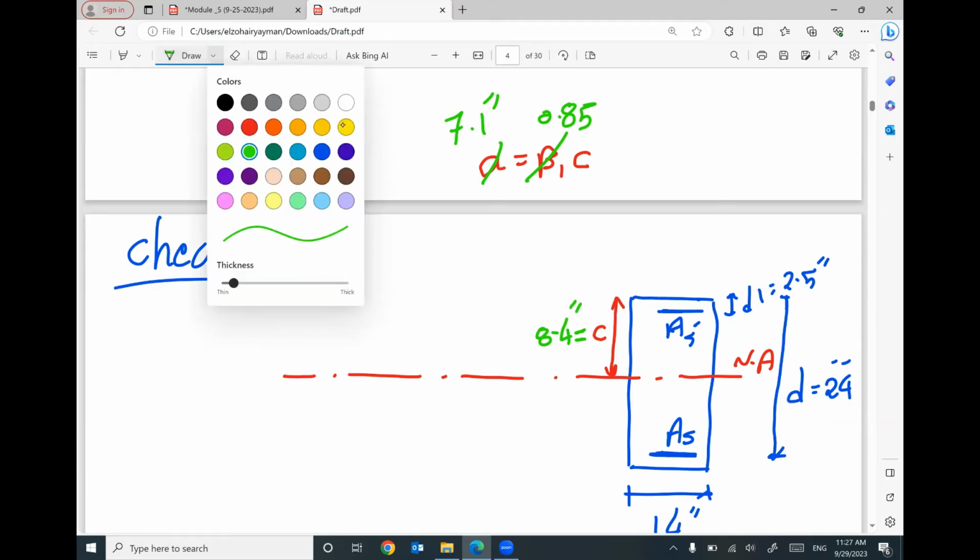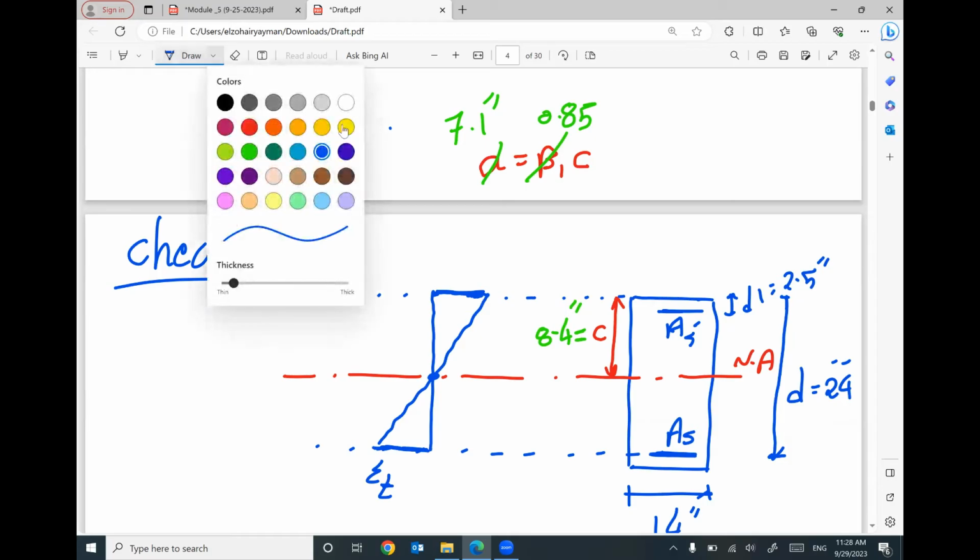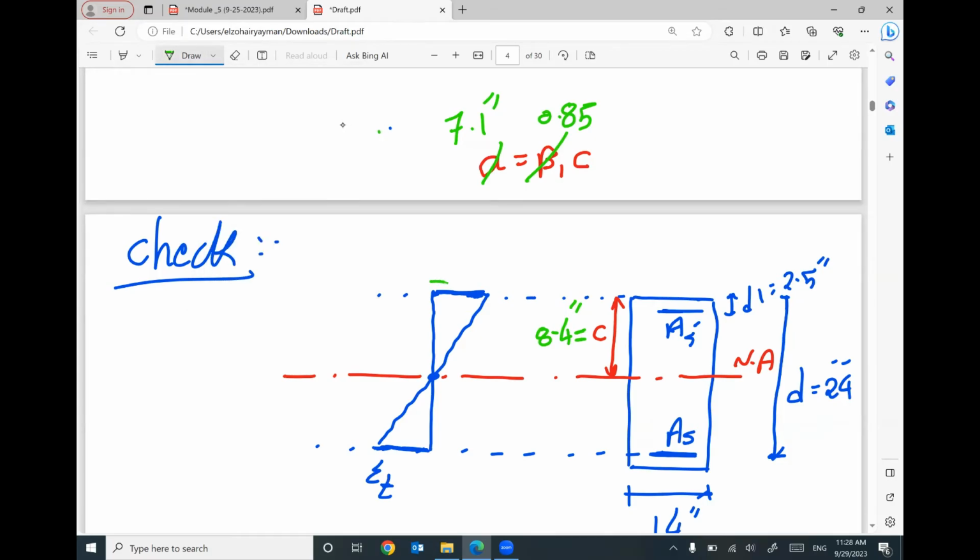Keep in your mind that we have something called the strain distribution. Strain distribution means I will have compressive strain in concrete, and tensile strain in steel, which is called epsilon T. If you draw in between, you have to pass through 0 at the neutral axis. And we learned, according to ACI, this strain in concrete equals 0.003.